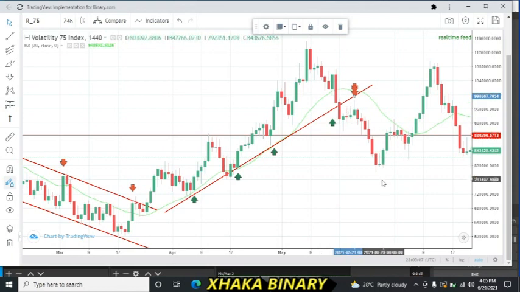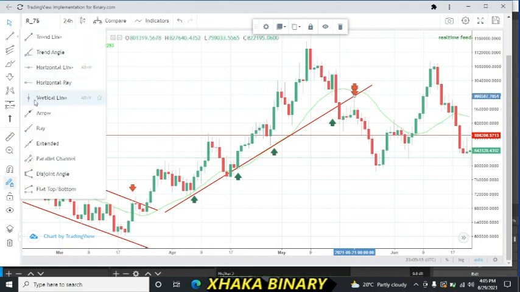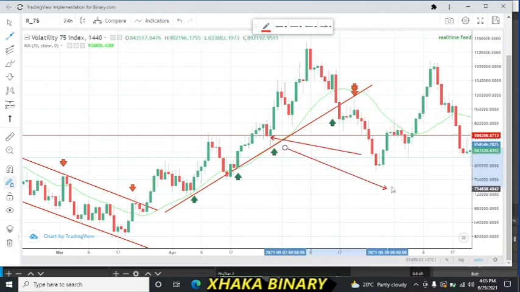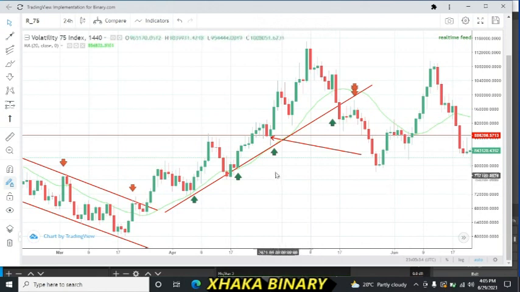And it moves away. Your profit target should be somewhere here. That's your first profit target.